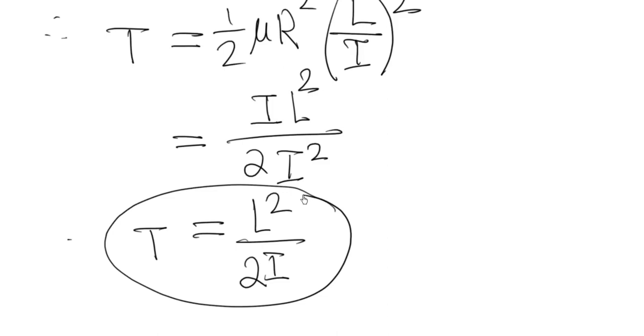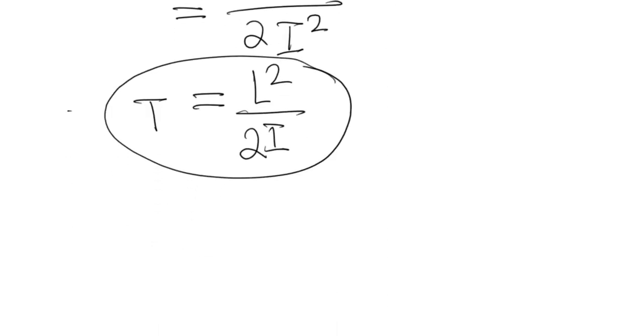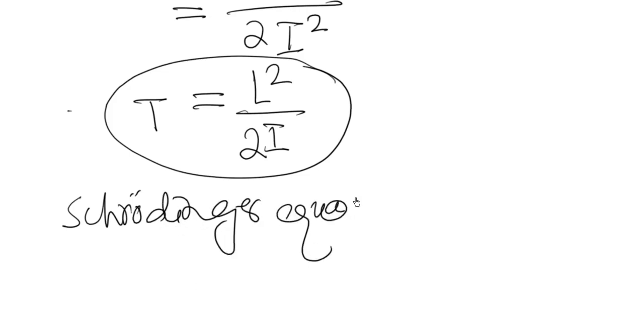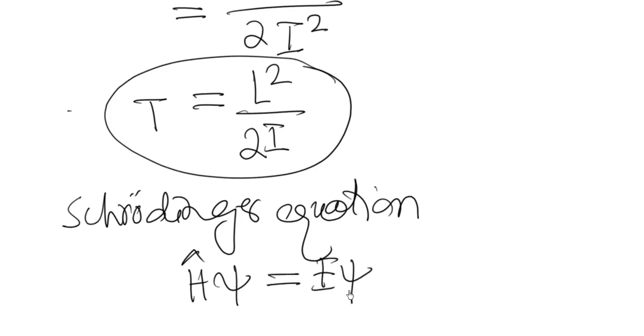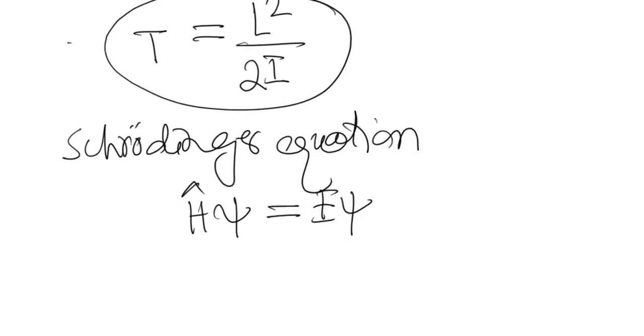According to quantum mechanics, the energy levels of a system can be determined by solving the Schrödinger equation. The Schrödinger equation is H psi equal to E psi, the Hamiltonian of the system acting on the wave function gives the energy eigenvalue times psi.